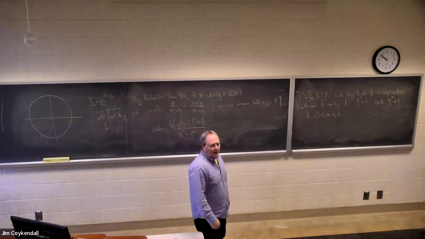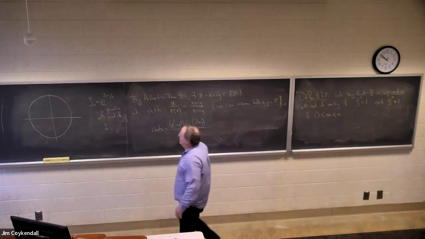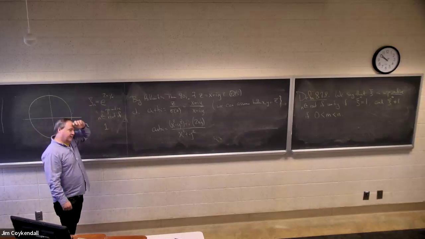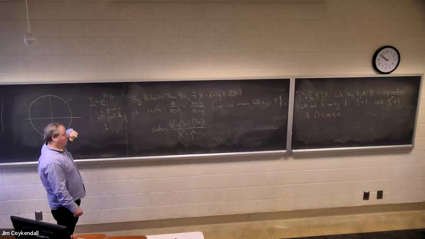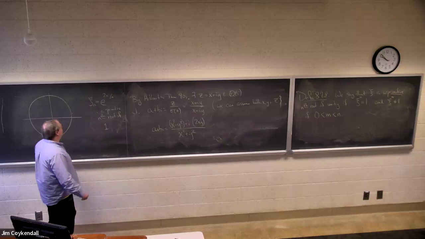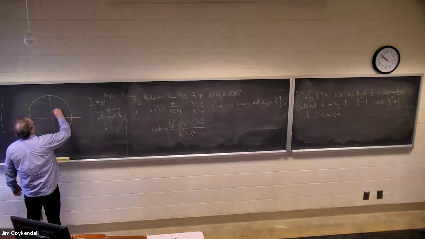If you look at e to the 2 pi i over n, notice that when you take the nth power of this, you get e to the 2 pi i, and no lower power gives 1.